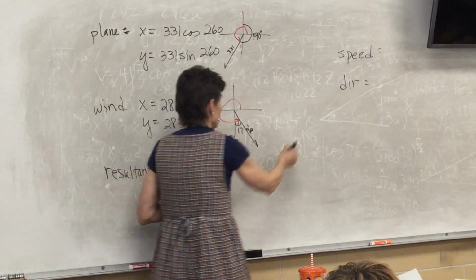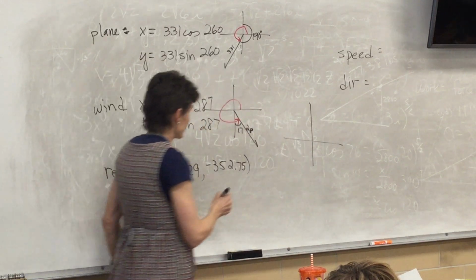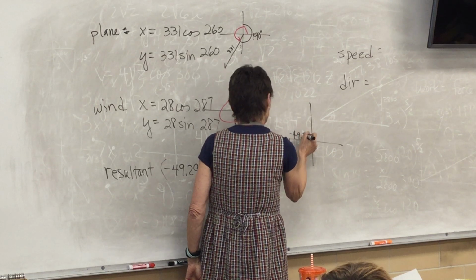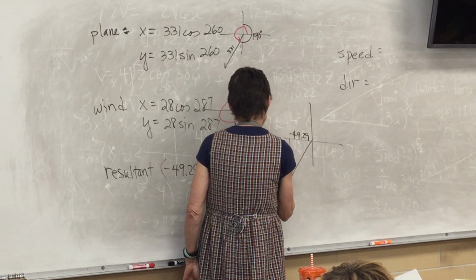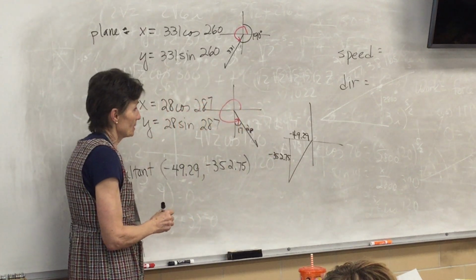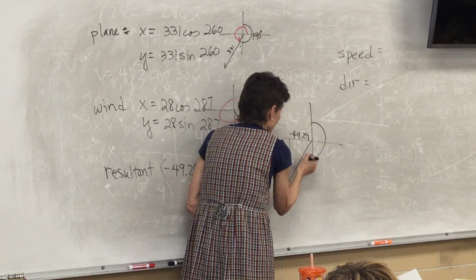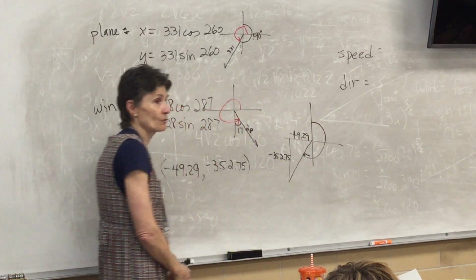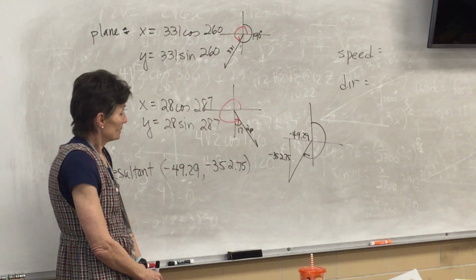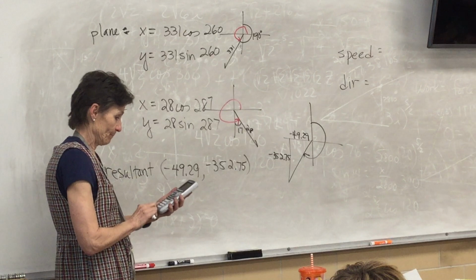So if we draw a picture of this new vector that we just got, over 49.29 and down 352.75, then this would be its directional angle, right? That would be its direction, its navigational heading there. So how do you suggest we figure out that?